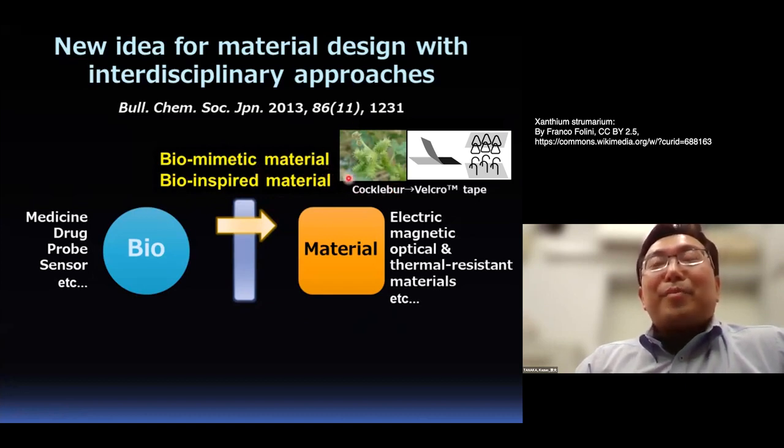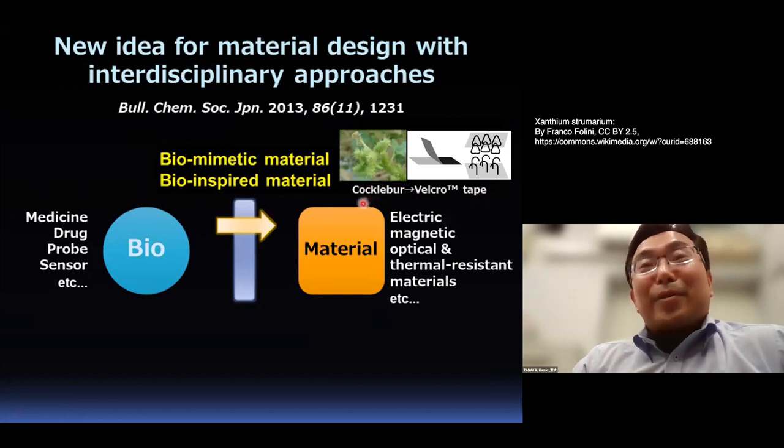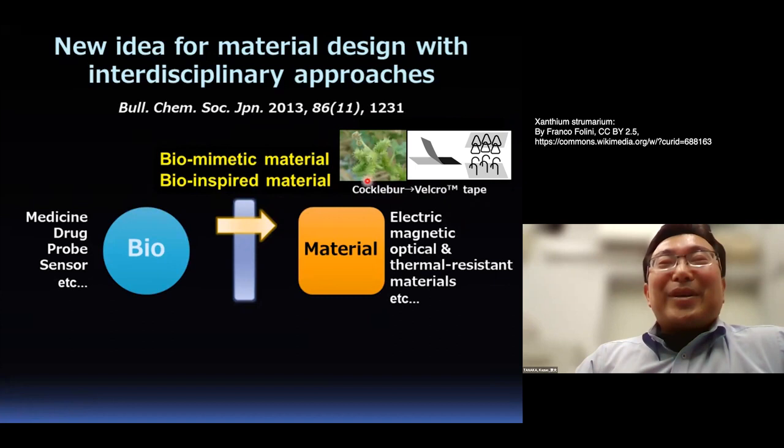Based on the behavior of natural products, we can obtain very unique and highly functional materials. For example, this is the cocklebur, which we call hitsukimushi in Japanese.